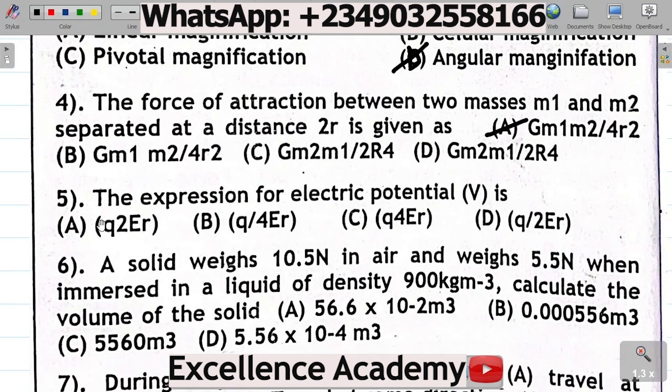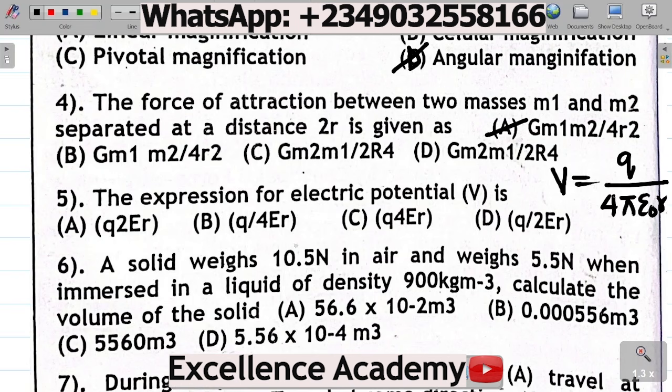Question number 5. Question 5 says the expression for electric potential V is, you have option A, option B, option C, and option D. Now, for this question, you want to note that the expression for electric potential is actually given by V is equal to charge Q all over 4 pi E naught R. That's your formula for this.